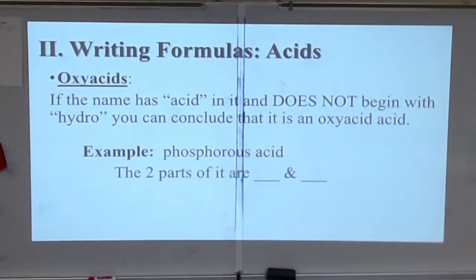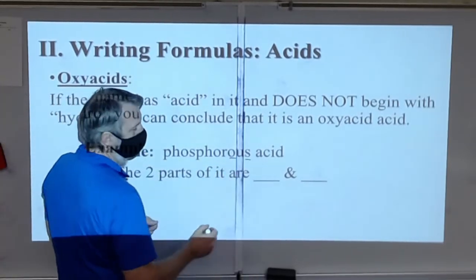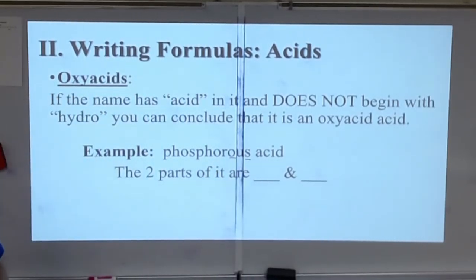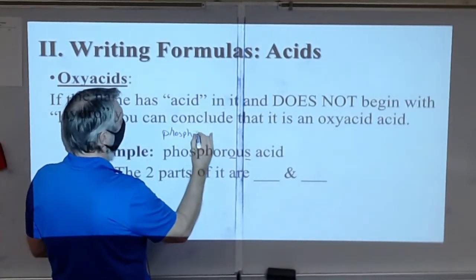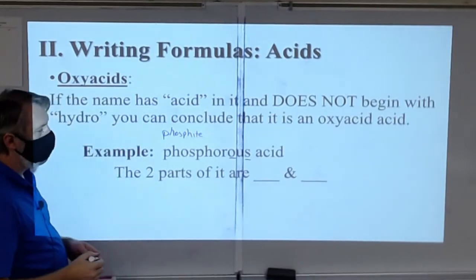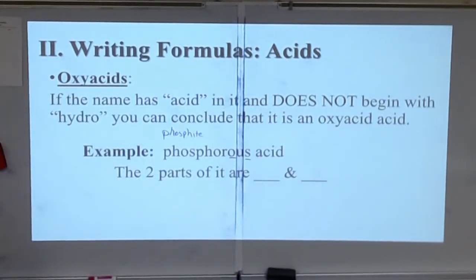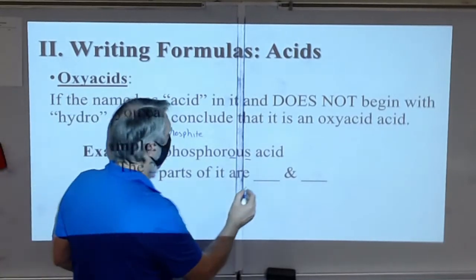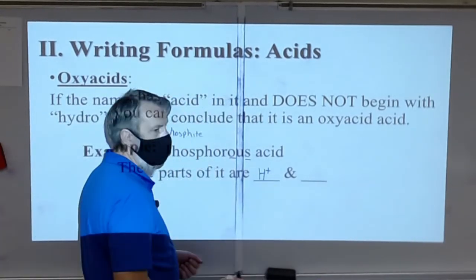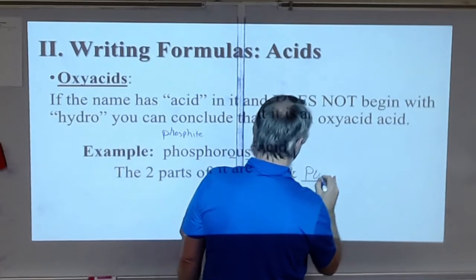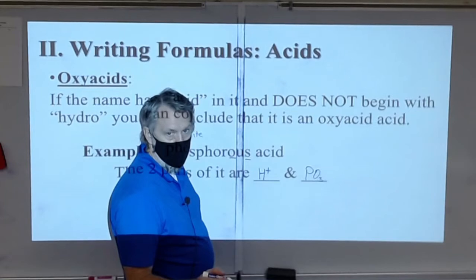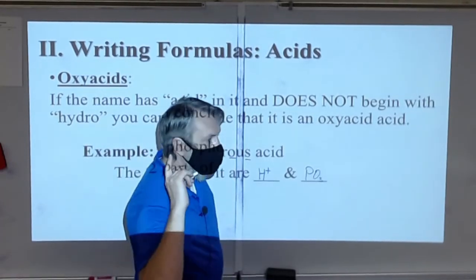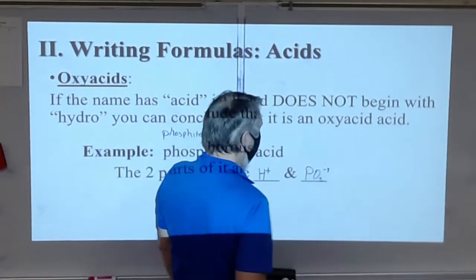Phosphorus acid, OUS. Let's remember OUS is going to be ITE, and so that's phosphite. And so the two parts of that is going to be hydrogen always, and phosphite, and the charge on phosphite is, what is it? -3, the same as phosphorus.